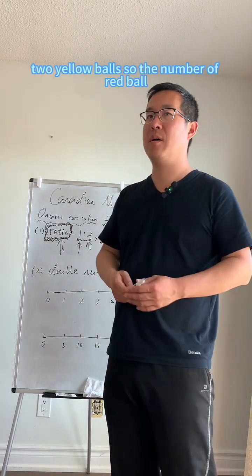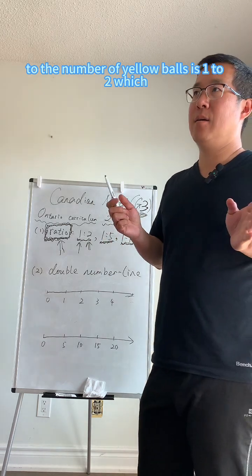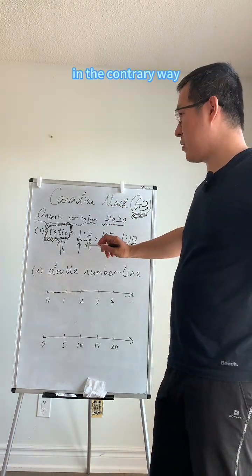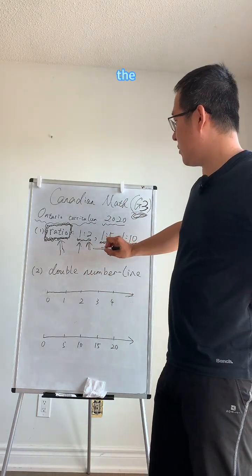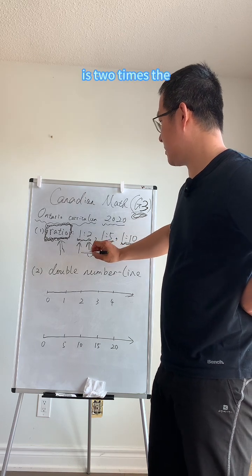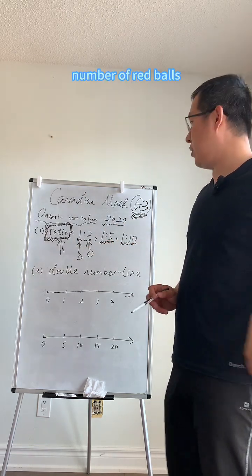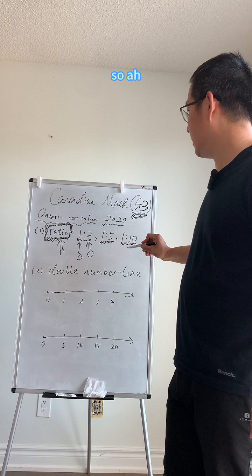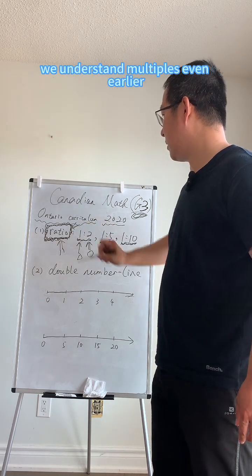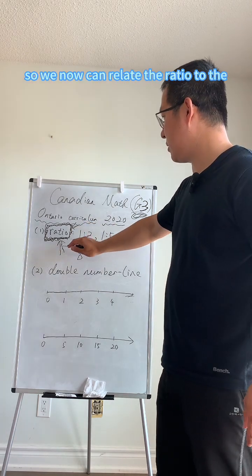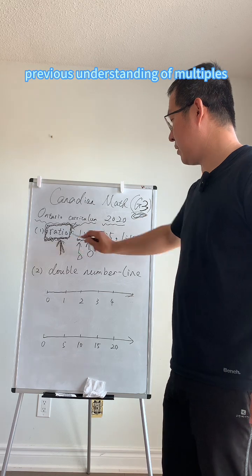So the number of red balls to the number of yellow balls is 1 to 2, and in the contrary way, the number of yellow balls is 2 times the number of red balls. So we understand multiples even earlier, and we now can relate the ratio to the previous understanding of multiples.